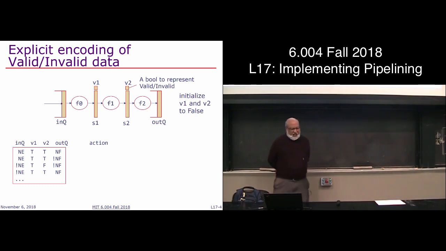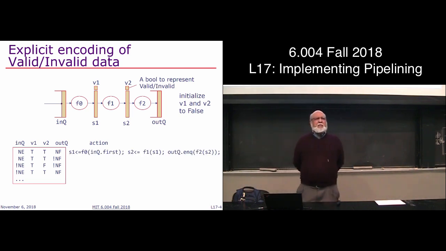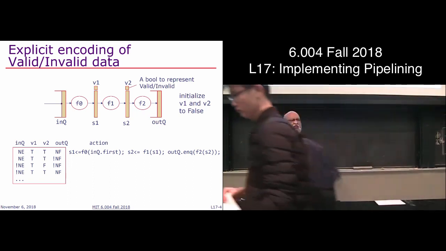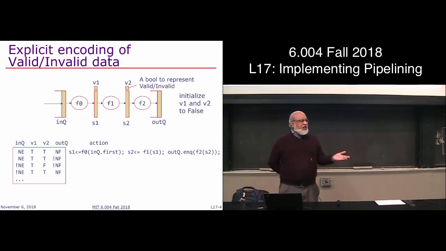So suppose I gave you this condition. What does the first row represent here? That's the best case, right? There is something in the input queue, every stage has something, the output queue is not full. As long as that is the case, what action do I perform? Does this make sense? In S1, I have copied from the input and applied function F0 to it.